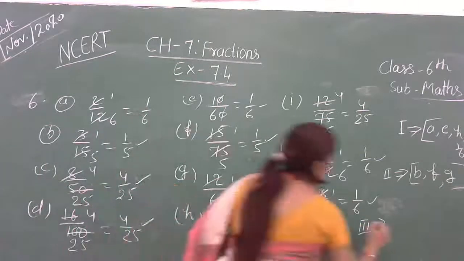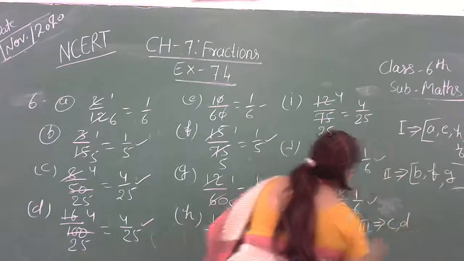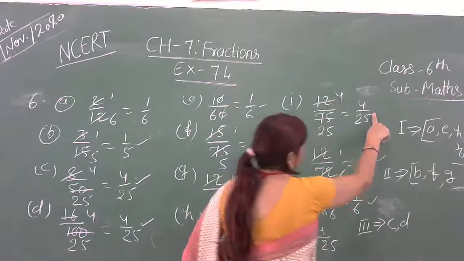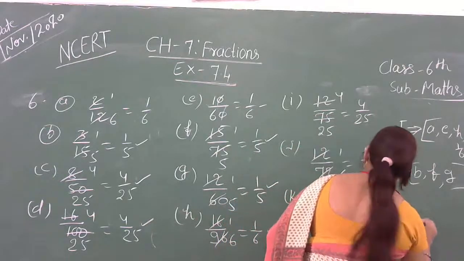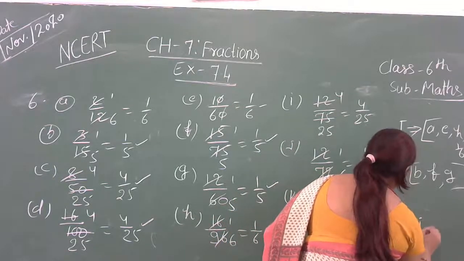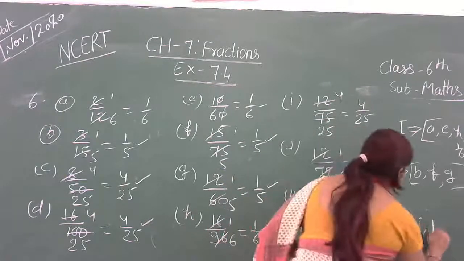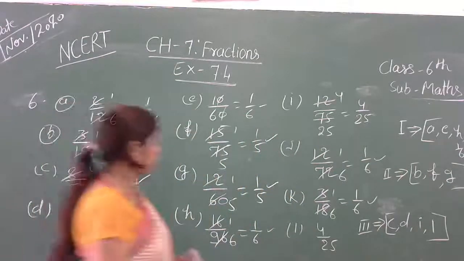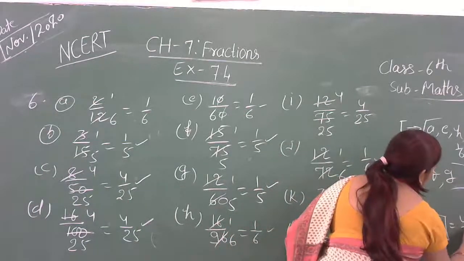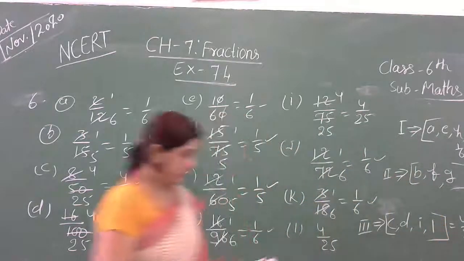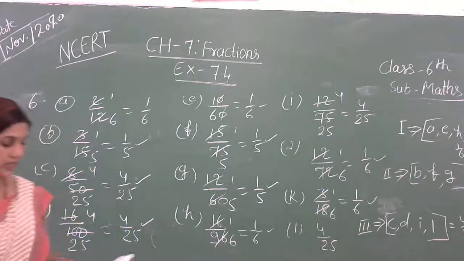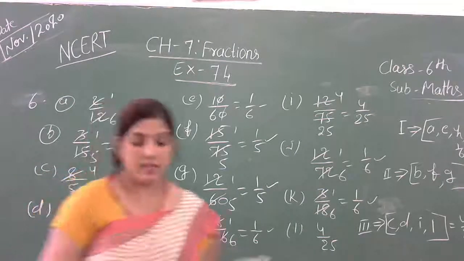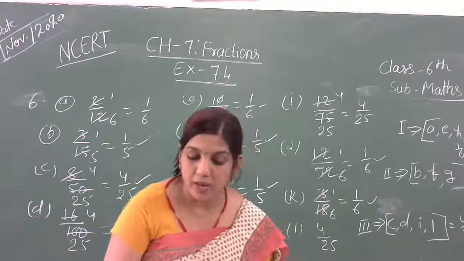So C, D. After that I and L. So C, D, I and L, all 4 in the third group, 4 upon 25, isn't it? So this was your question number 6. Remaining parts we'll do in the next class. Now you solve it and send me all the answers. Thank you.